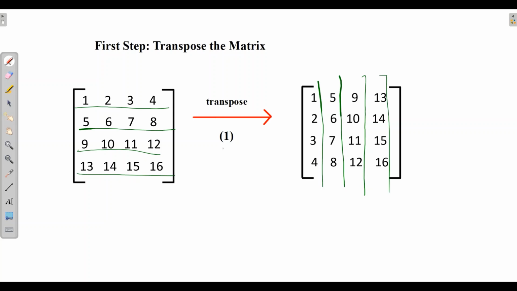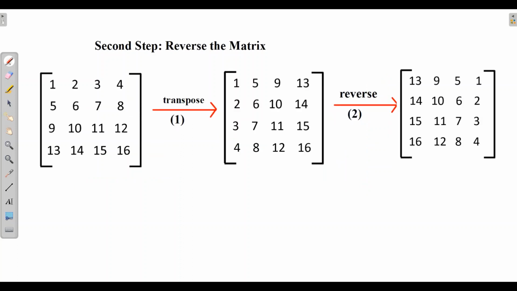So the first step is to transpose the matrix, and the second step is to reverse the rows which we got after transposing the matrix. Here we have 1 5 9 13. We just need to reverse the numbers so that we will get 13 first, then 9, then 5 and 1.